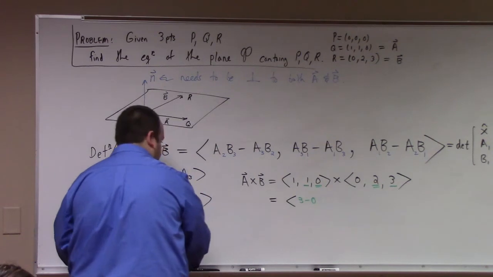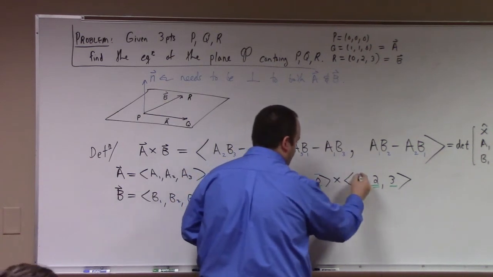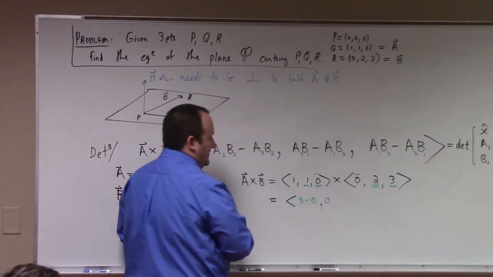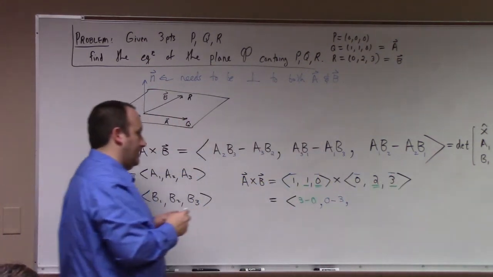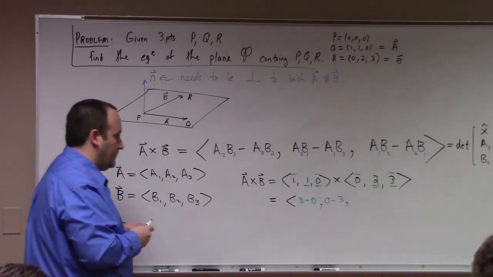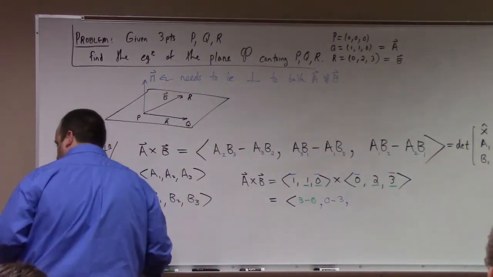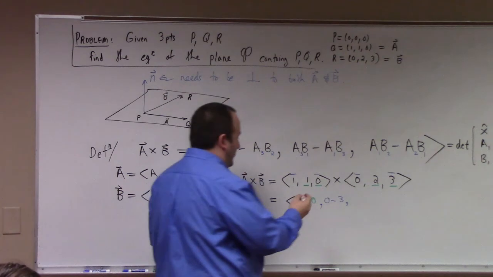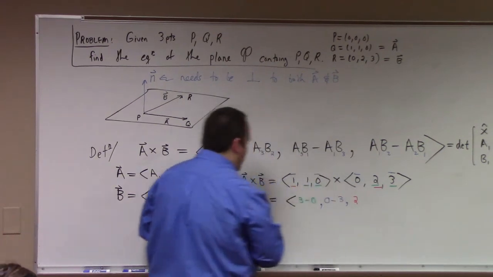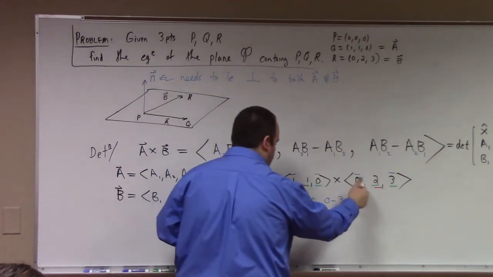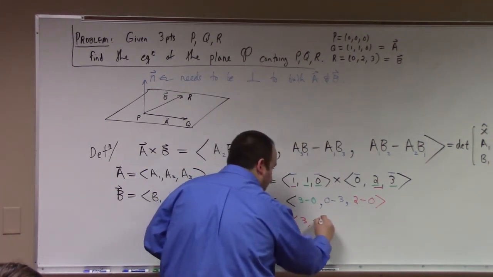Next, I do 3, 1, which is 0, minus the 1, 3, which is minus 3. Enough with the double bars. I don't know if that really adds anything color coding wise. And then finally, the third component is based on 1, 2 minus 2, 1. So 1, 2 is 2, minus the second component times the first component, which is 0. All right, so what do we got? We got (3, minus 3, 2).